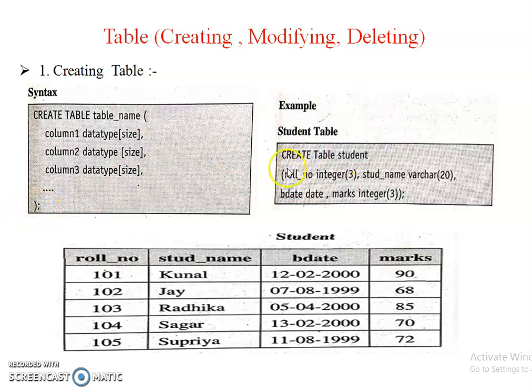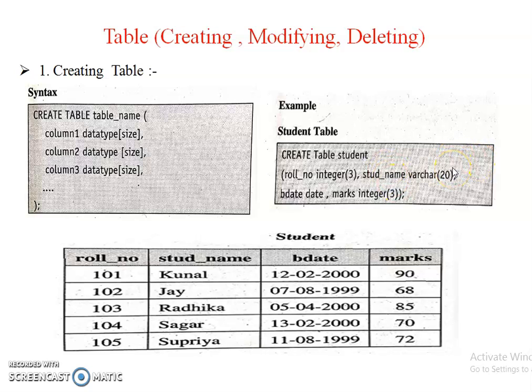So this is the example of creating a table, that is student table. In this example, a table student will be created with the following attributes such as roll number. The roll number field will contain the numerical value of maximum 3 digits. The student name field will contain the string value of maximum length 20.